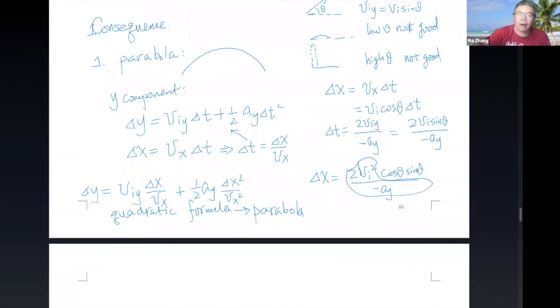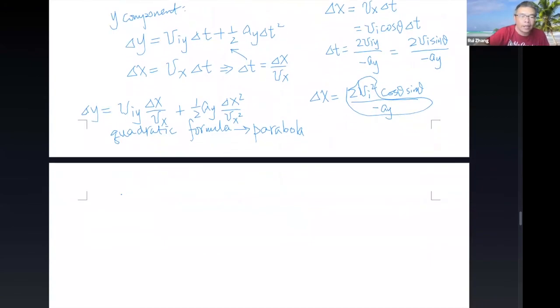It turns out there is a trig identity: 2 cosine theta sine theta equals sine 2 theta. If you use this identity, it simplifies the formula to Vi squared divided by negative aY times sine 2 theta.